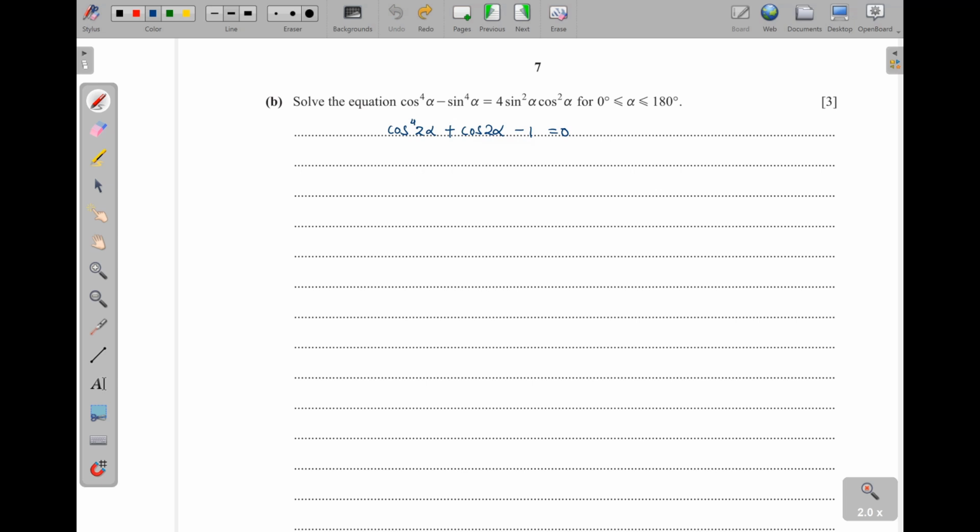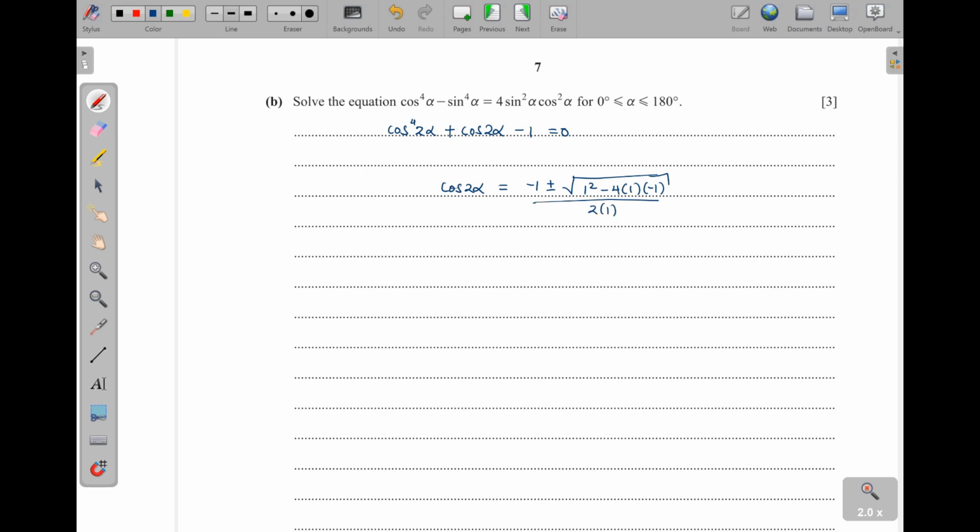Then this is a quadratic in cos 2 alpha. So I solve this one. You have to show the examiner that you solved. Okay? So since this one is not factorizable, you show that you have substituted in the quadratic formula. So minus b plus or minus the root of b squared minus 4ac, then out of 2a.